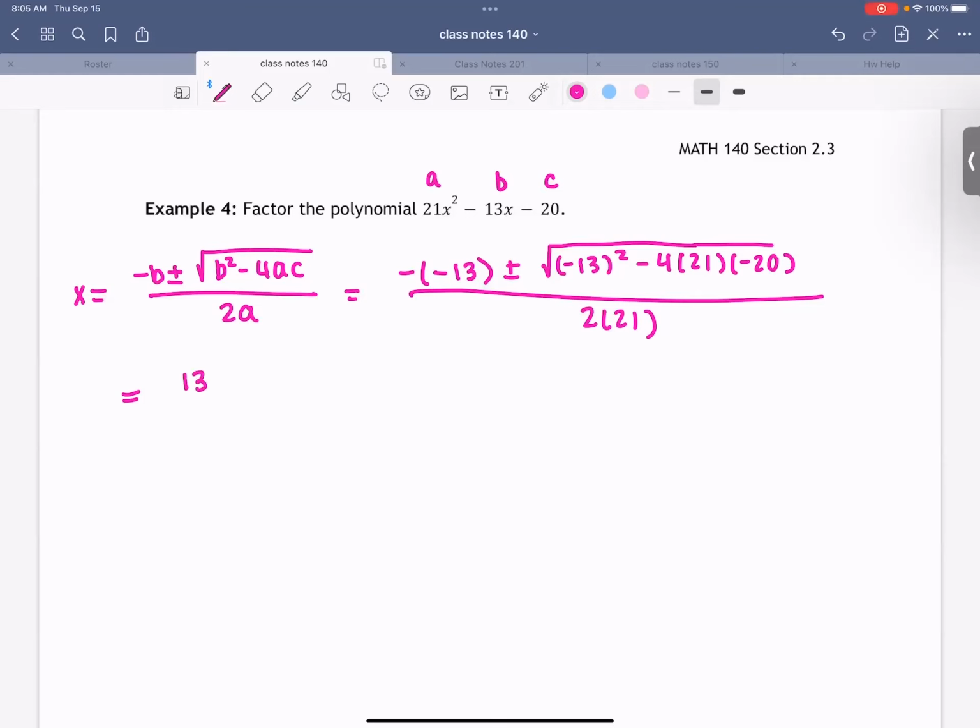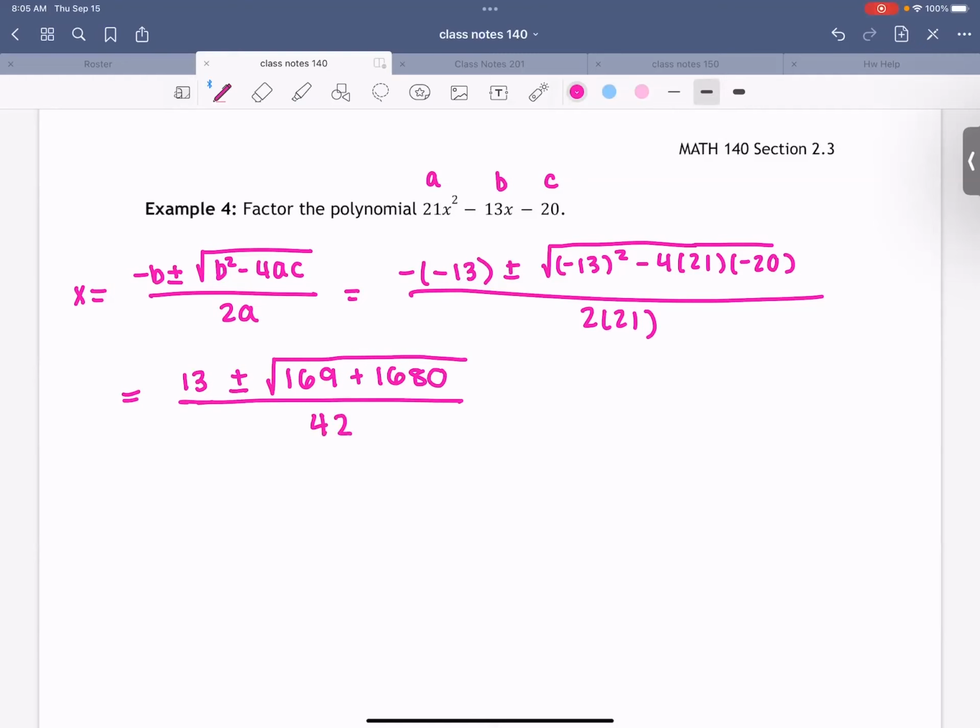So a negative -13 is a +13. On the inside, I'm getting 169 plus 1680, and that's over 42.